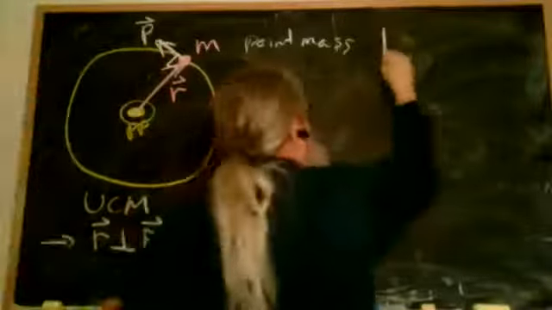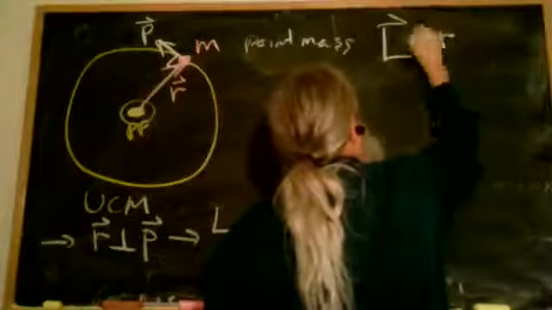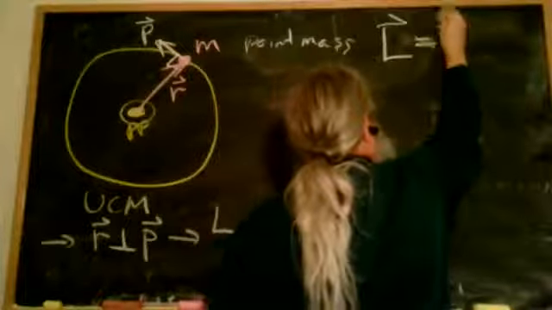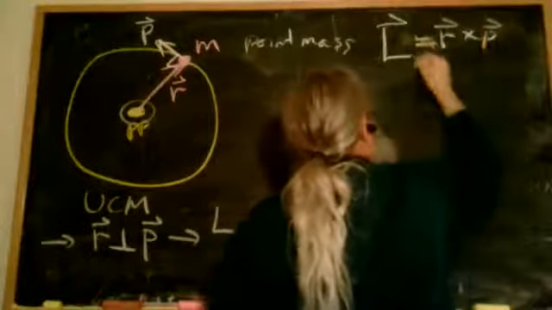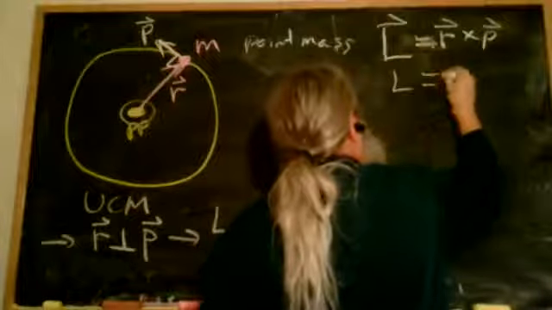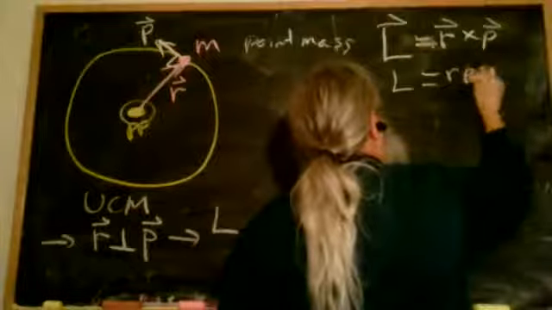So we have that definition up here. L equals r cross p, so the magnitude of L is equal to r p sine phi.